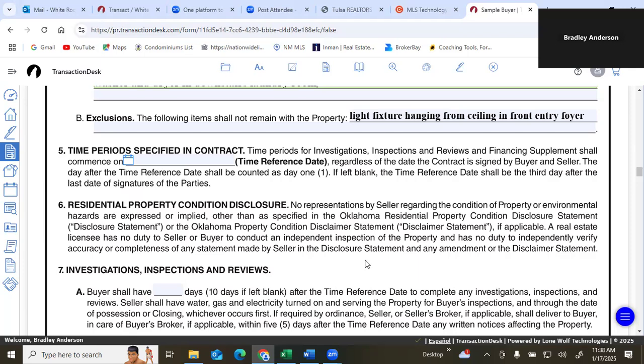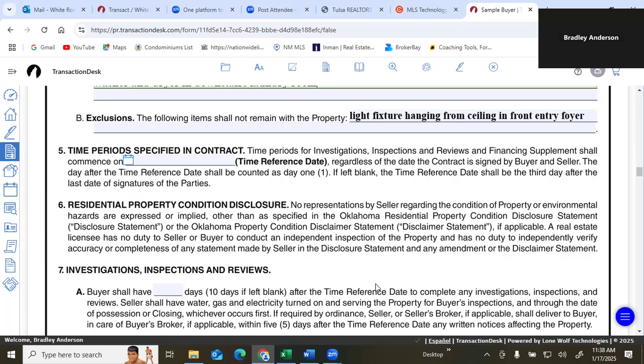So how do you figure out what this date is? Well, I would leave some time to account for going back and forth in negotiations before the contract is executed. So let's say that you submit this offer on January 15th.